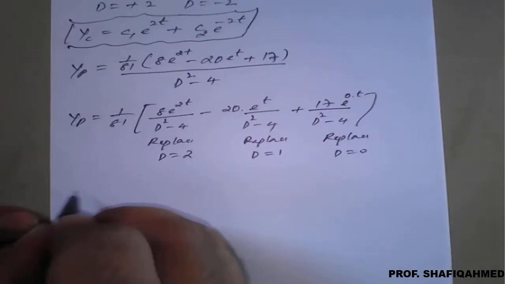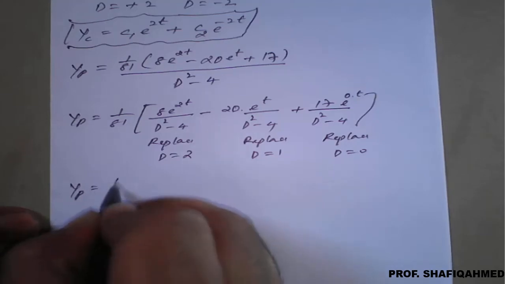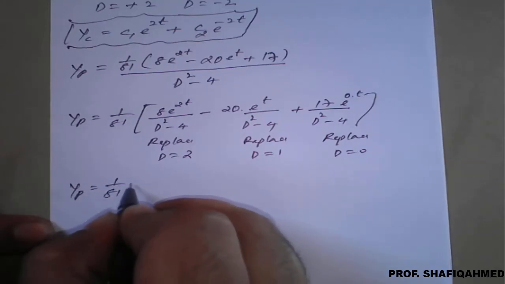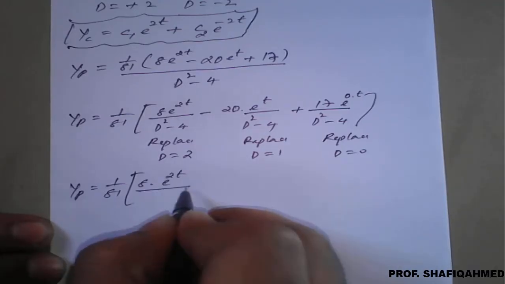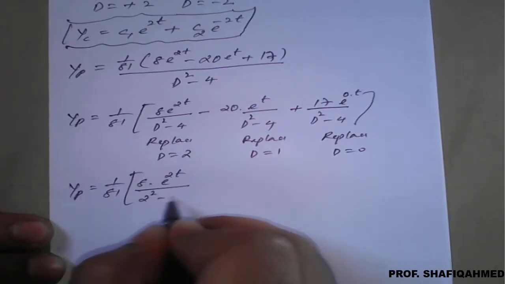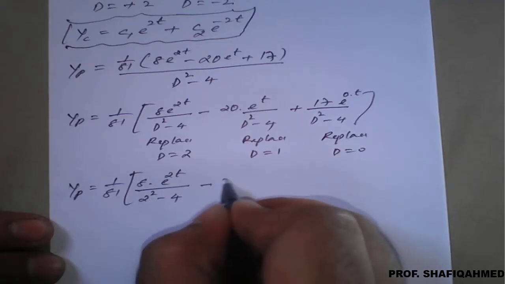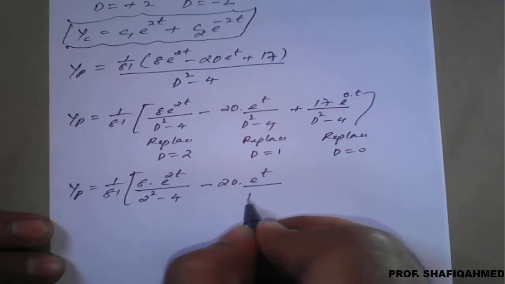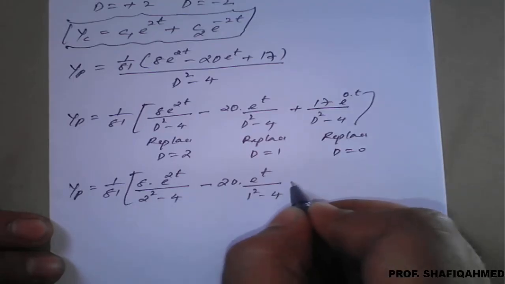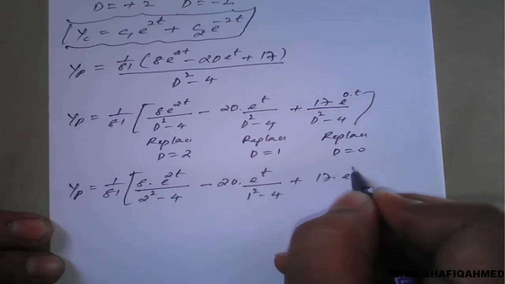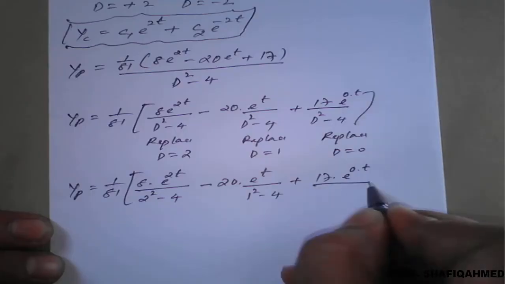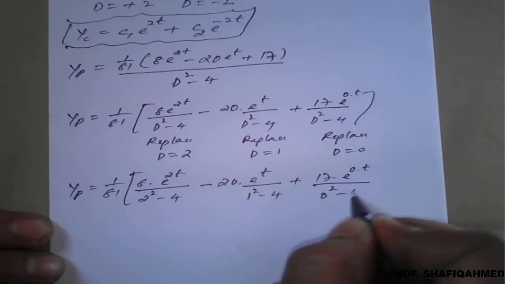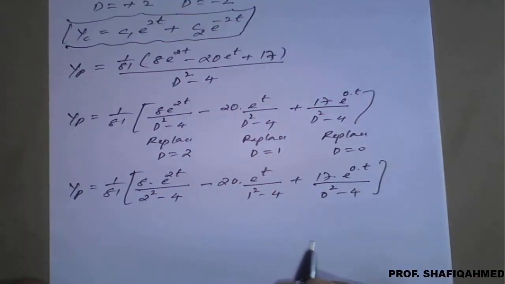So therefore yp is equal to 1 upon 81 of 8 into e raised to 2t divided by 2 square minus 4 minus 20 into e raised to t divided by 1 square minus 4 plus 17 into e raised to 0t divided by 0 square minus 4. So we'll simplify.